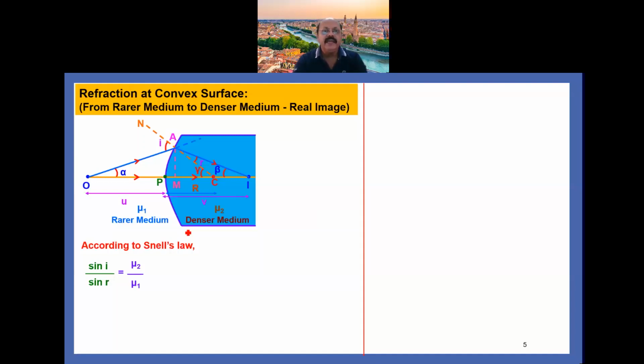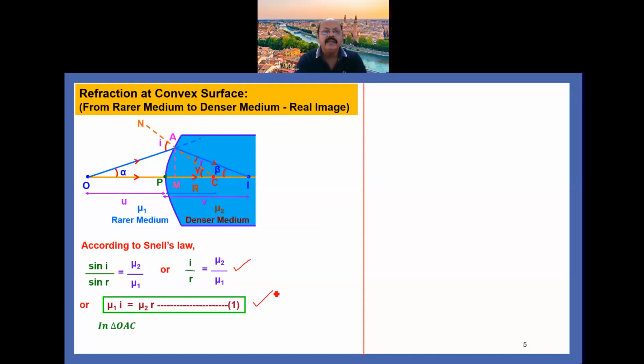Since we have already assumed that the angles made by the incident ray and the refracted ray with the principal axis are very small, sin i is approximately equal to i and sin r is approximately equal to r. So we can write i upon r equals mu2 upon mu1. Simplifying, mu1 i equals mu2 r. Mark this equation number 1.